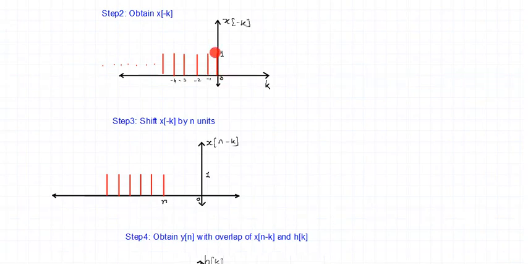The sample at 0, when shifted by n units, will appear at position n. So this signal will start at the time instant n, followed by the rest of the samples. This indicates that with respect to the original signal, the signal is shifted by n units.